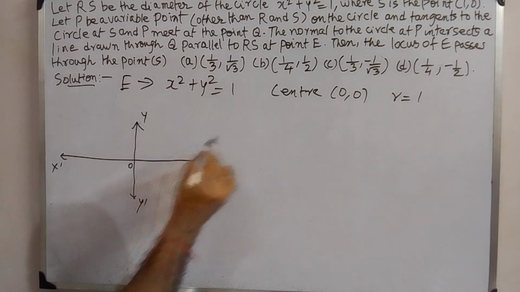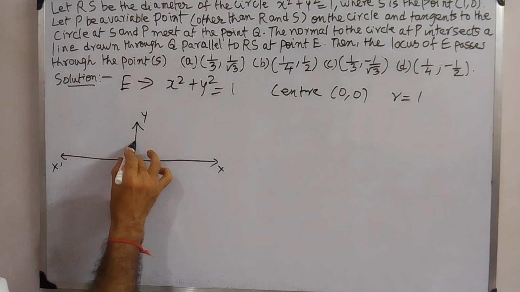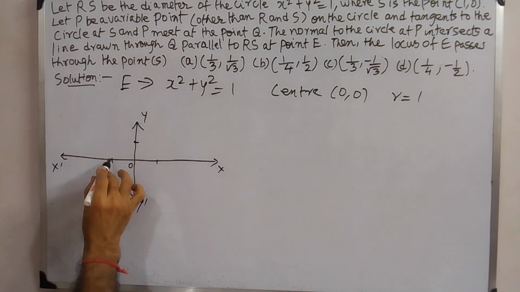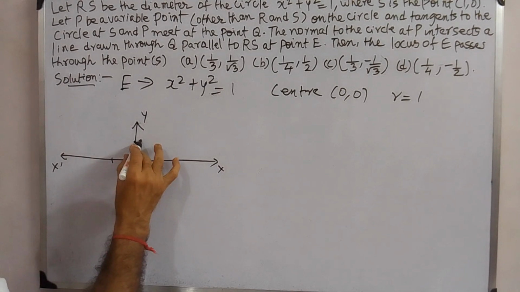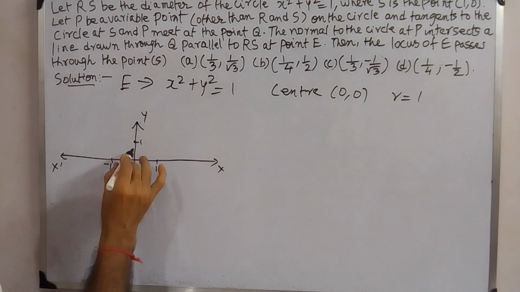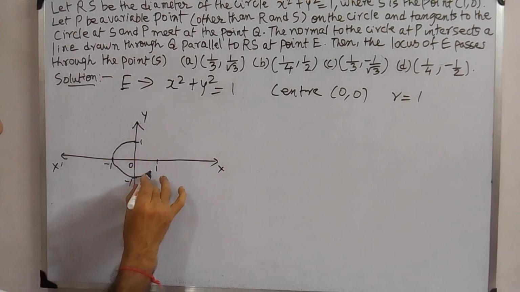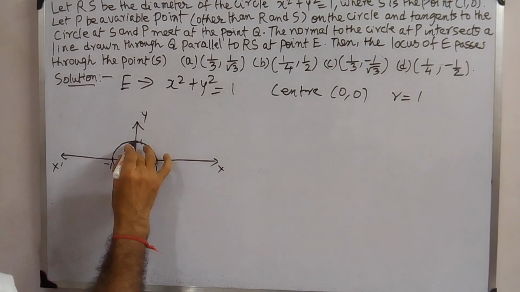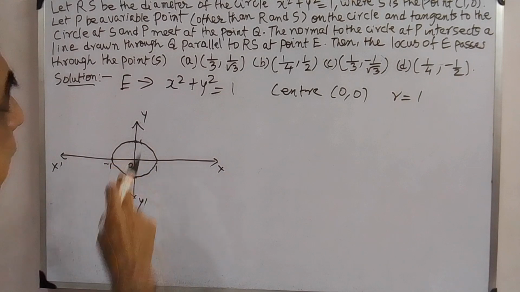The radius is 1 unit, so I am taking 1 unit on all the axes from the origin. This is plus 1, this is plus 1, this is minus 1, this is minus 1. So the circle will be like this. This is the graph of the circle given by this equation.